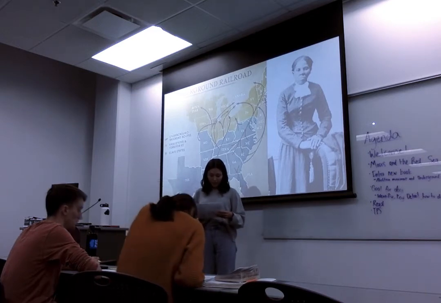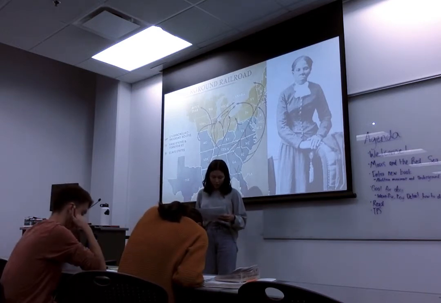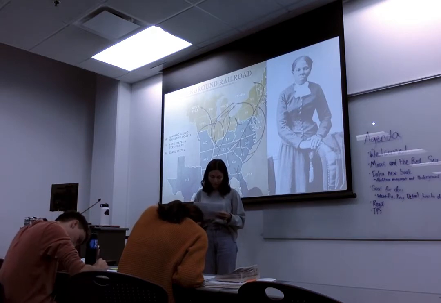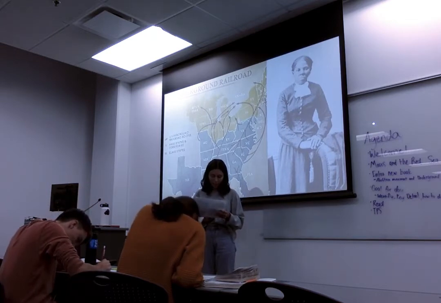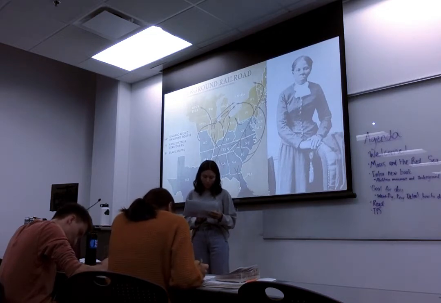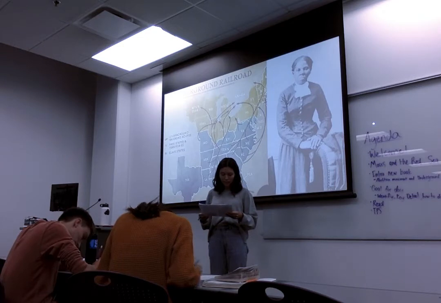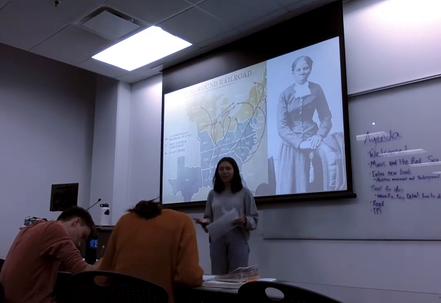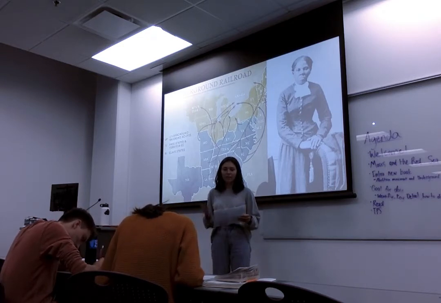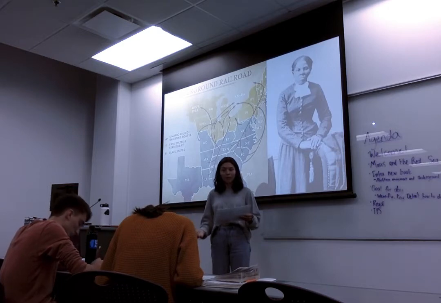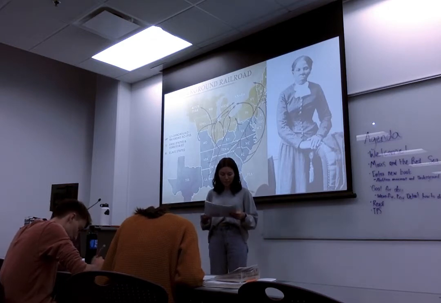Okay, and then the last key detail that I underlined in this section, two lines down from loud and furious, I underlined hunting another runaway. I underlined this because the word hunting is very intense, and the fact that they're hunting a person, a runaway, really stood out to me.